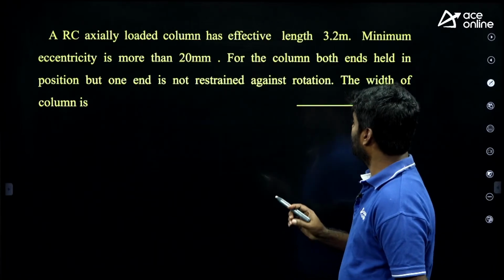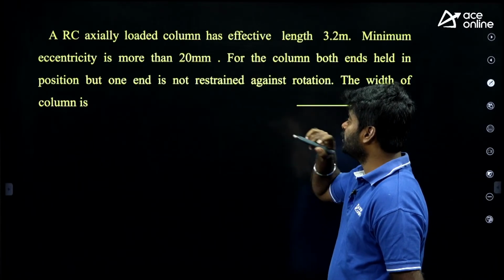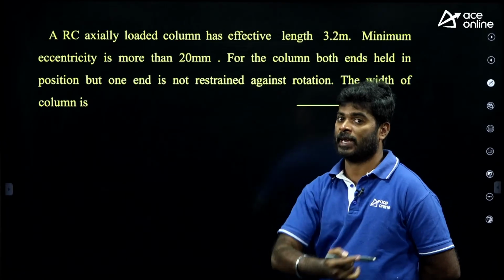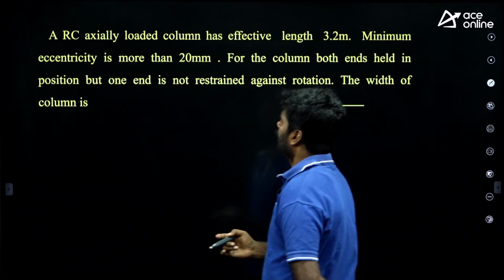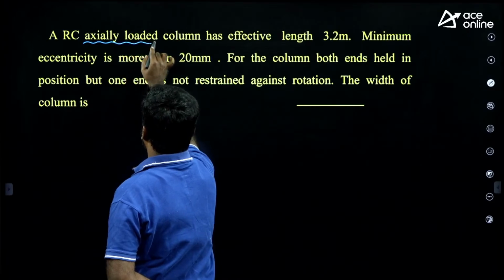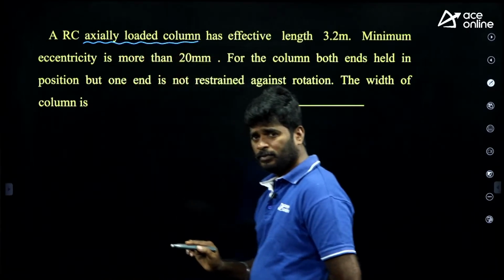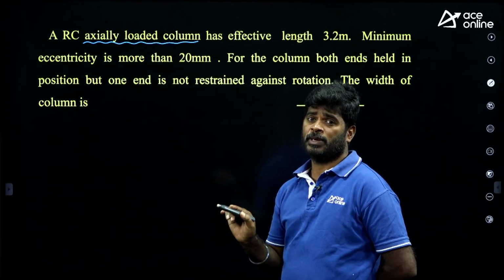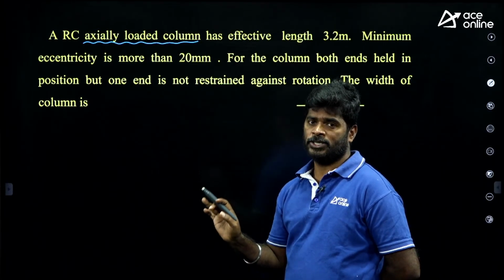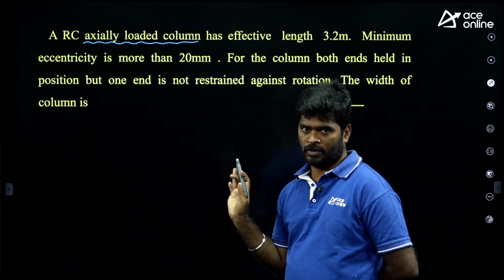See, my dear, they have mentioned that it is an axially loaded column. Some hints will be there, and we need to catch those hints. For an axially loaded column, one condition will be there: e minimum must be less than or equal to, in the worst case equal to, 0.05 times the least lateral dimension of the column.